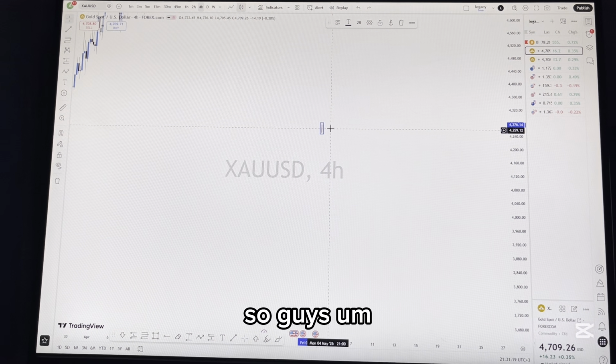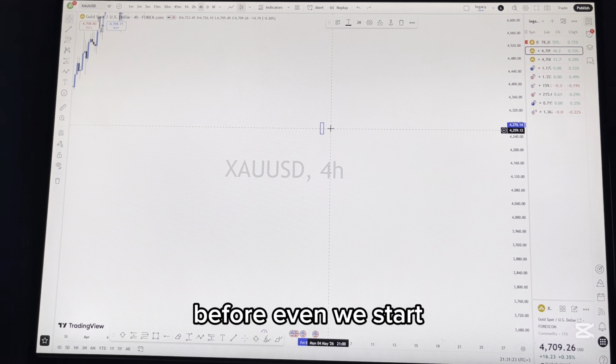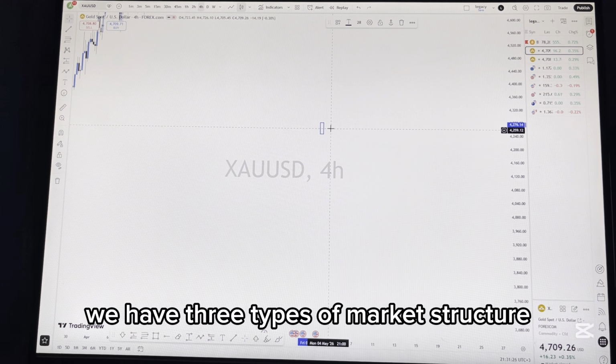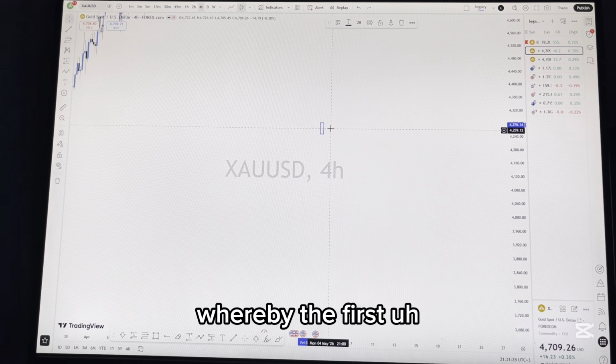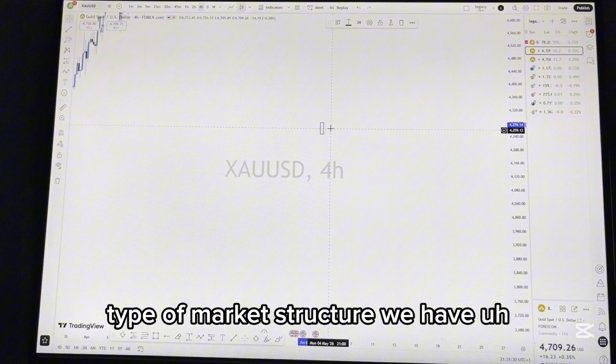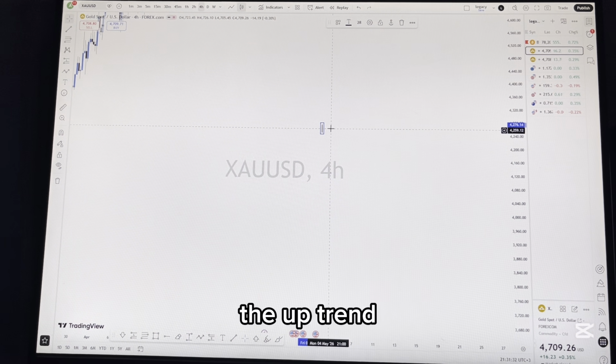So guys, we're here, and before we even start, we have three types of market structure. The first type of market structure is the uptrend.